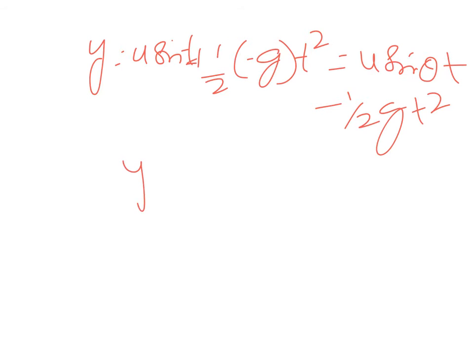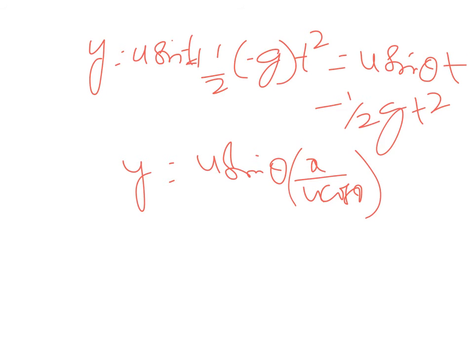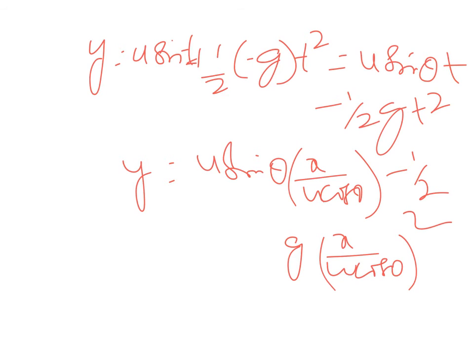Now y is equal to u sin theta, and because we have taken t as x by u cos theta, I'll write it as x by u cos theta, minus half into g, and t again as x by u cos theta, the whole square.